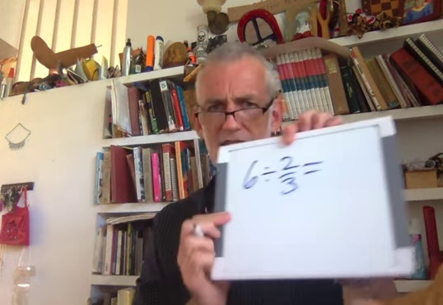All right. It is 6 feet of yarn, cut into 2/3 sections. So I'm going to show you that one. You got your 6 foot yarn, and it's going to be divided into 2/3 sections. All right, this one we have to flip.